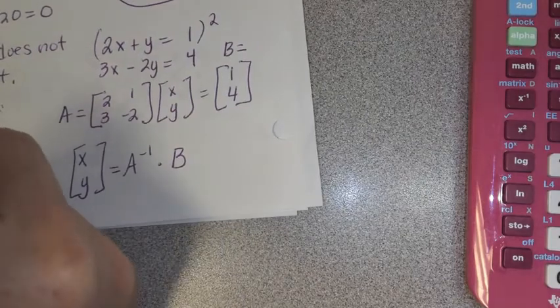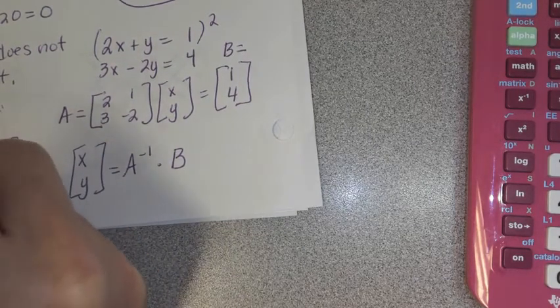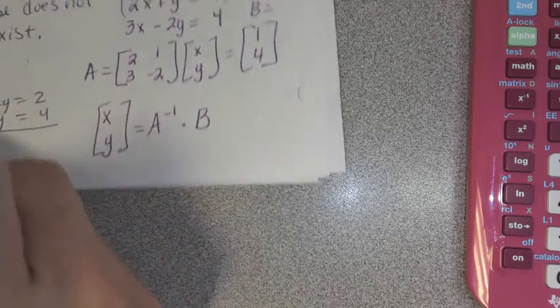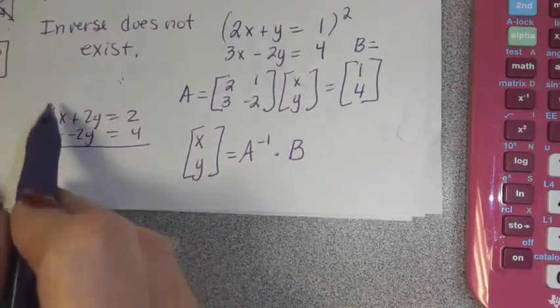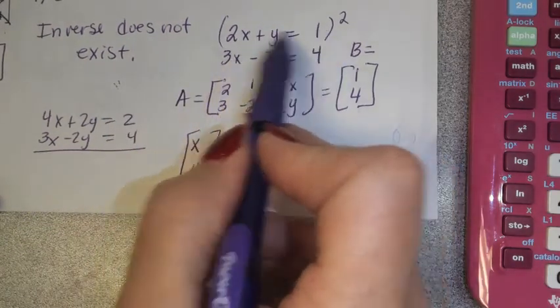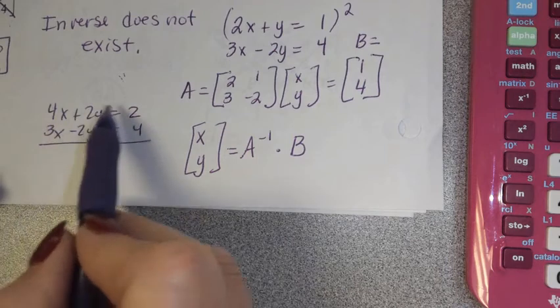What I can do is I can multiply that top matrix by 2. And when I do that, I will have a system where I can add these two together to solve for x. So when I add these together, I'm going to get, see how I wanted the y's to eliminate? That's why I multiplied by 2.